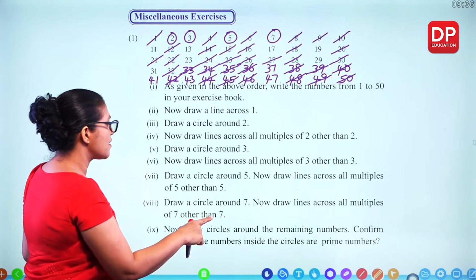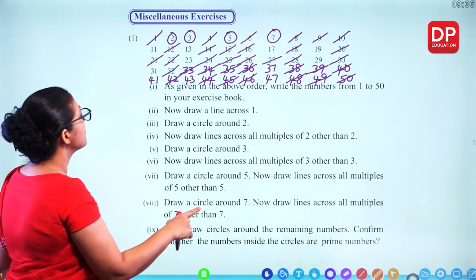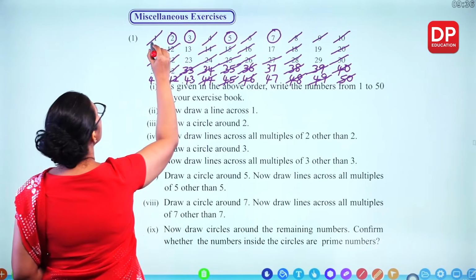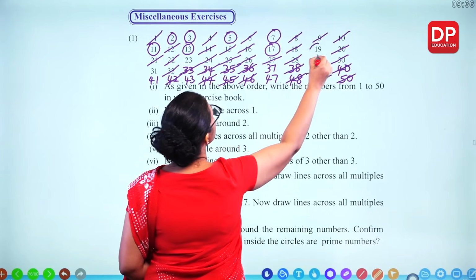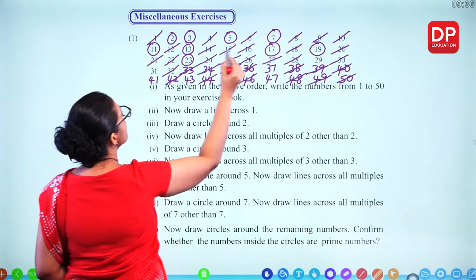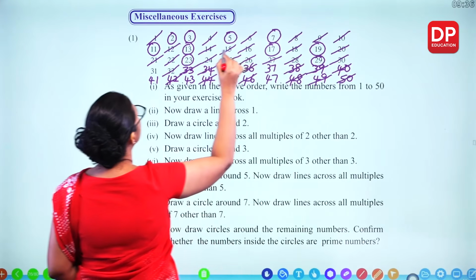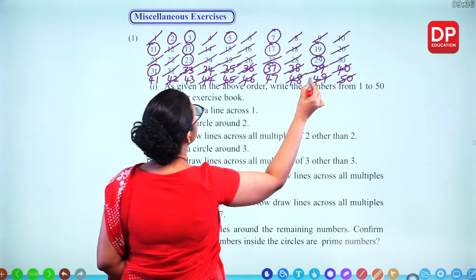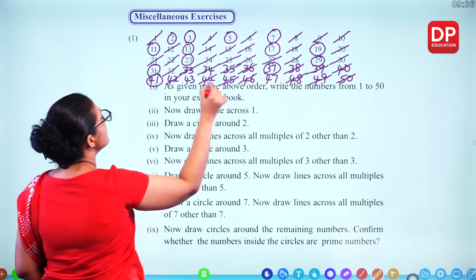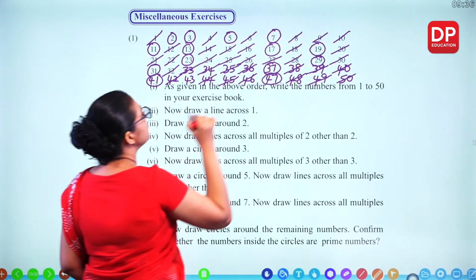Now draw circles around the remaining numbers. 11, 13, 17, 19, 23, 29, 31, 37, 41, 47.